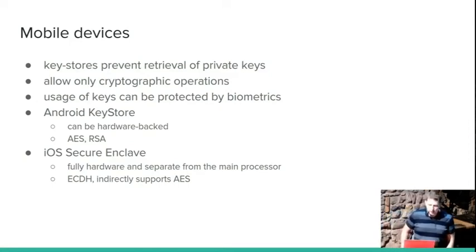And they support the elliptic curve keys there. And of course, they also support, but indirectly, not in the hardware, symmetric encryption for actually encrypting the data. Because as you saw, with plain elliptic curve you cannot really do any encryption or decryption, because it only generates the shared secret. So that's about mobile phones.